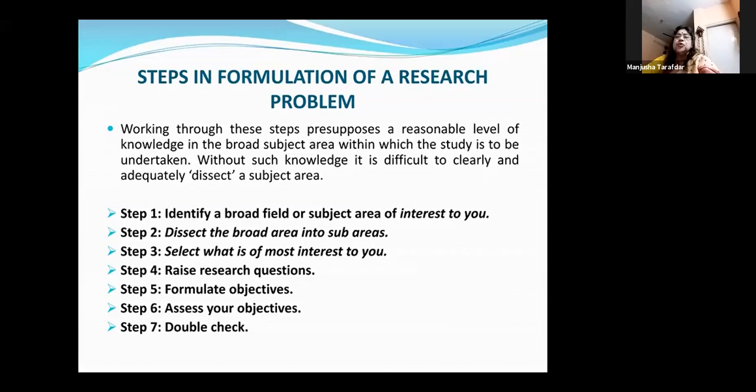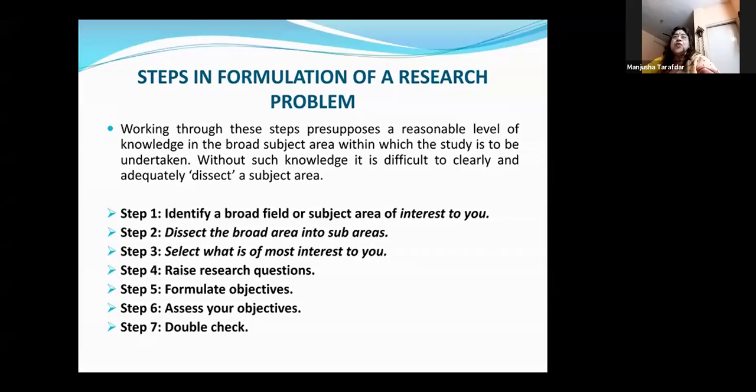Working through these steps presupposes a reasonable level of knowledge in the broad subject area within which the study is to be undertaken. Without such knowledge, it is very difficult to clearly and adequately dissect the subject area.